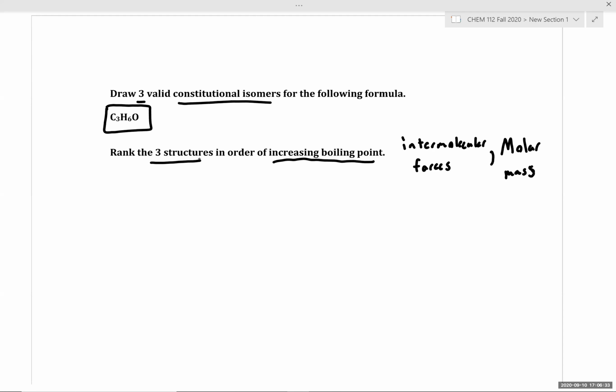So taking a look at this example, C3H6O. One way that we can estimate the number of double or triple bonds or rings in our molecule is to calculate the degree of unsaturation, or DU.